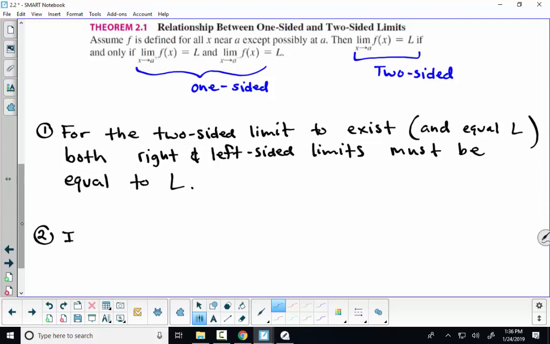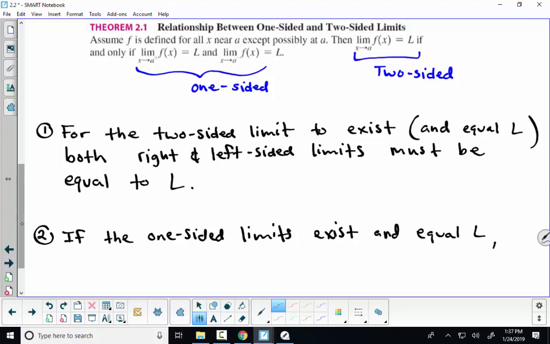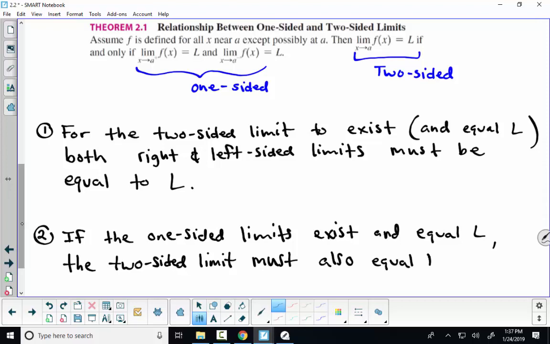Moreover, if the one-sided limits exist and equal L, the two-sided limit must also equal L. So that's the nature of if and only if statements.